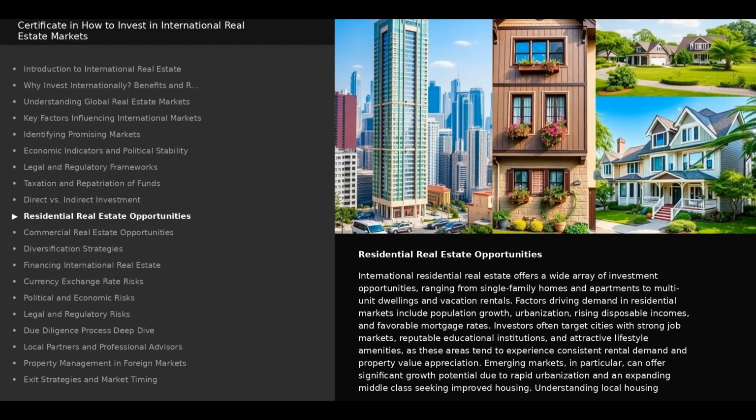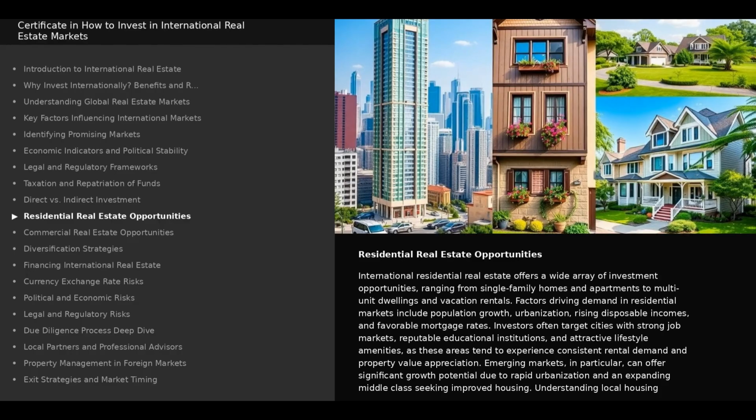Residential real estate opportunities. International residential real estate offers a wide array of investment opportunities, ranging from single-family homes and apartments to multi-unit dwellings and vacation rentals. Factors driving demand in residential markets include population growth, urbanization, rising disposable incomes, and favorable mortgage rates.